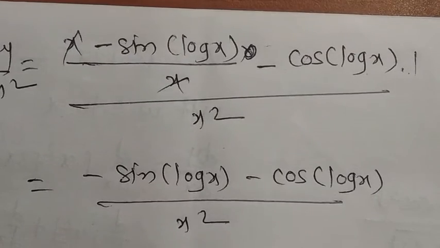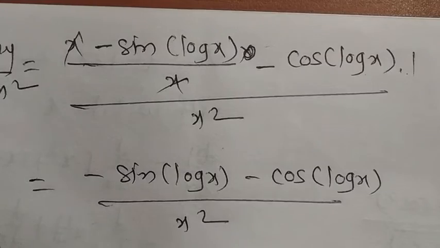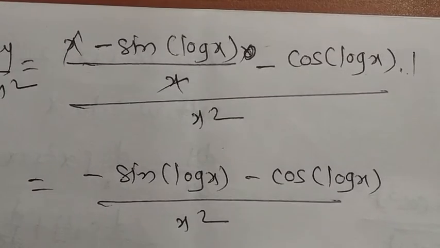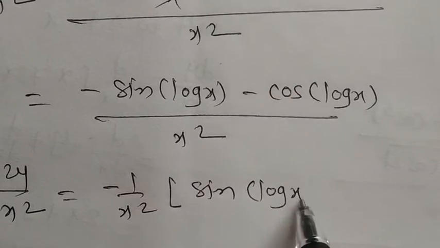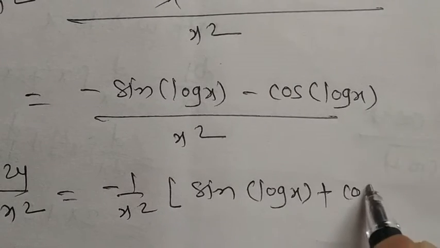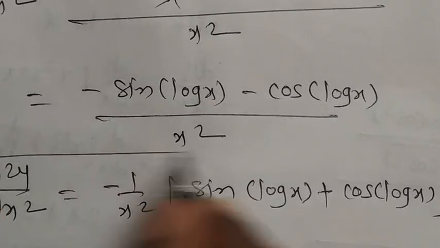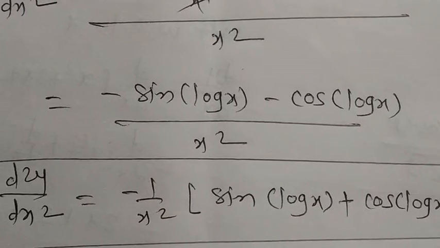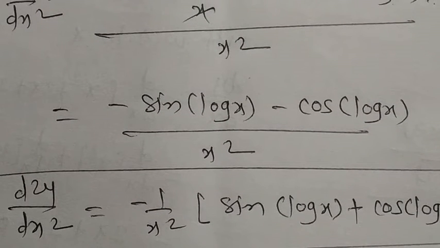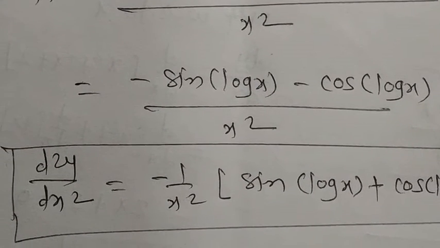So we can write in simplified way d2y by dx square equals minus 1 by x square in bracket sin of log of x plus cos of log of x. Very simplest form. That is your final answer. You can do it easily, we just take the first derivative and also the second derivative.